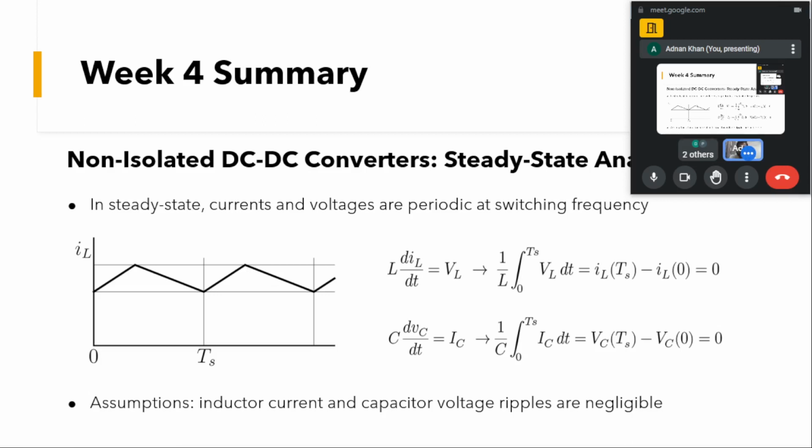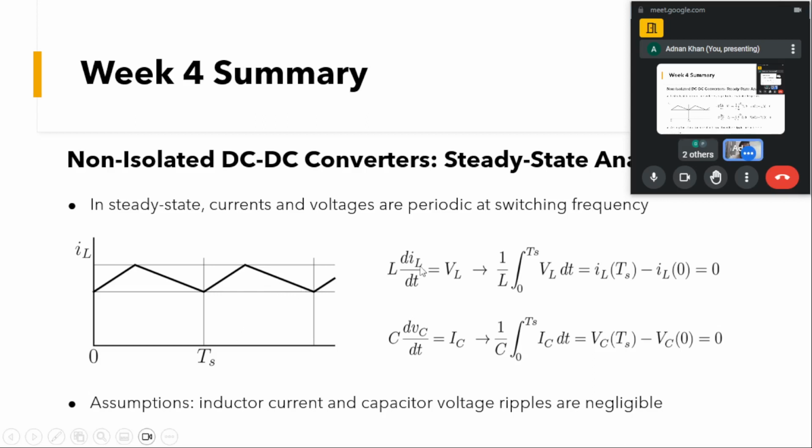If you take a look at these waveforms, they are repeating after one switching cycle. That means this wave is periodic: if you take a point, and after one switching cycle we come to the same point, it will have the same value, so the converter has attained the steady state.